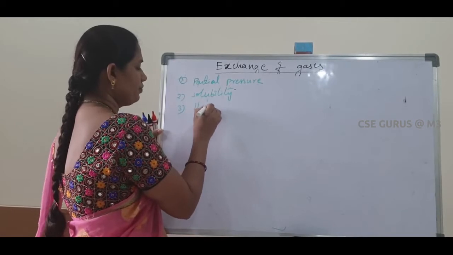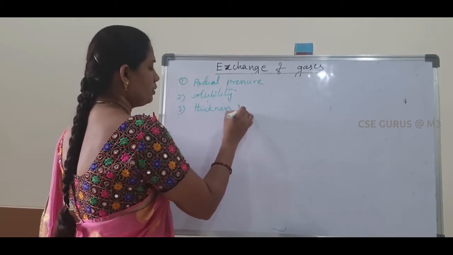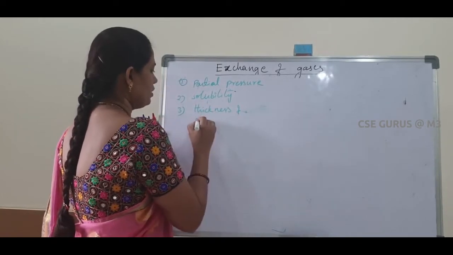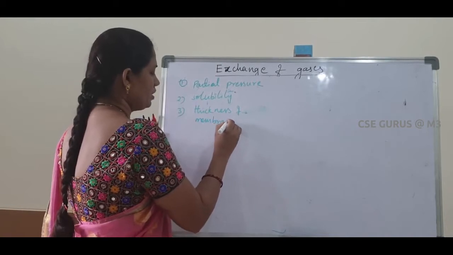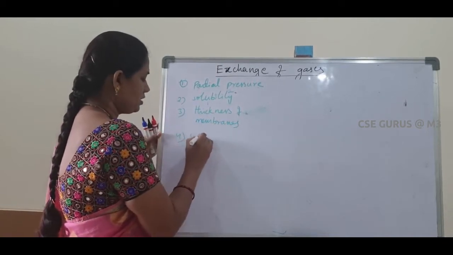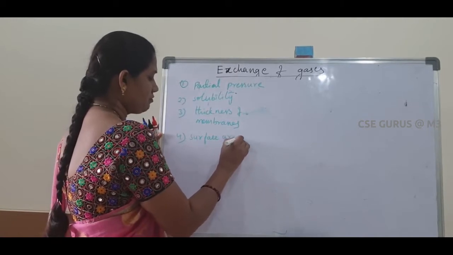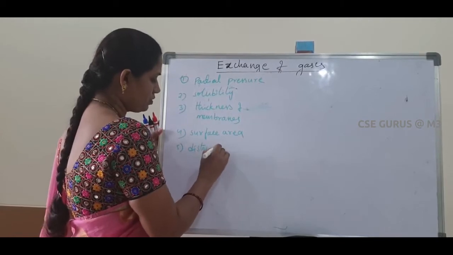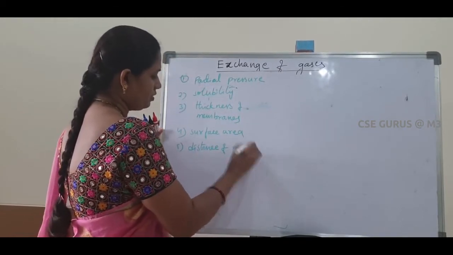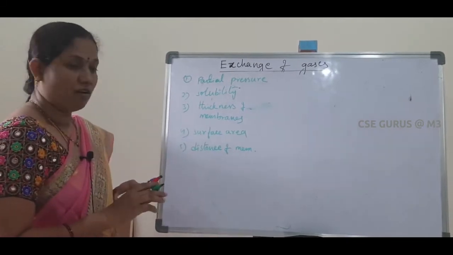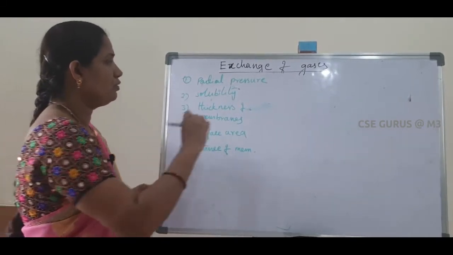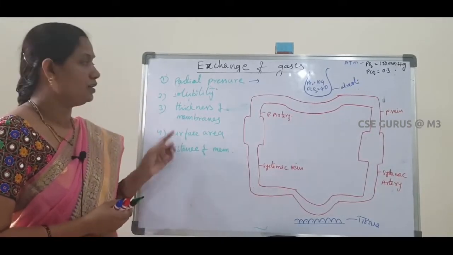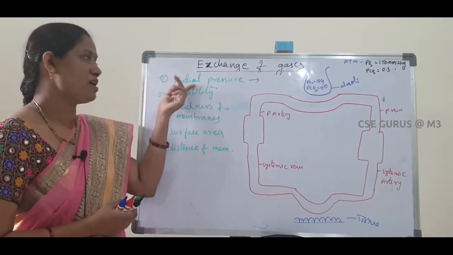Third one, thickness of membrane, surface area, distance of membranes. So these are the factors. First of all, we will discuss the first one, partial pressure.